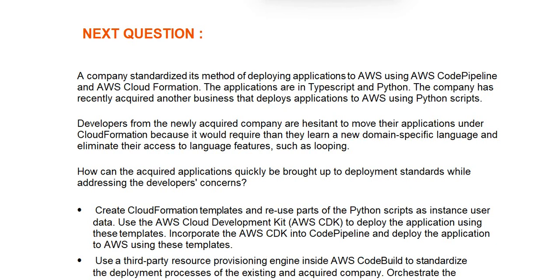Developers from the newly acquired company are hesitant to move their applications under CloudFormation because it would require them to learn a new domain-specific language and eliminate their access to language features such as looping. How can the acquired applications quickly be brought up to deployment standards while addressing the developers' concerns?